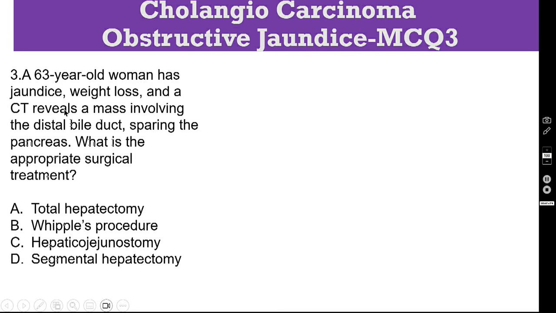Coming to MCQ 3. A 63-year-old woman has jaundice, weight loss, and the CT reveals a mass involving the distal bile duct, sparing the pancreas. What is the appropriate surgical treatment? A. Total hepatectomy. B. Whipple's procedure. C. Hepaticojejunostomy.